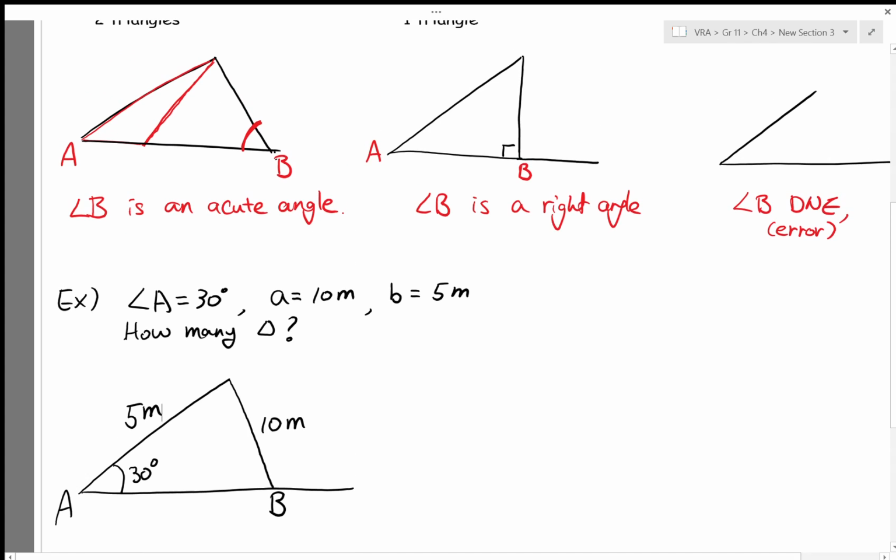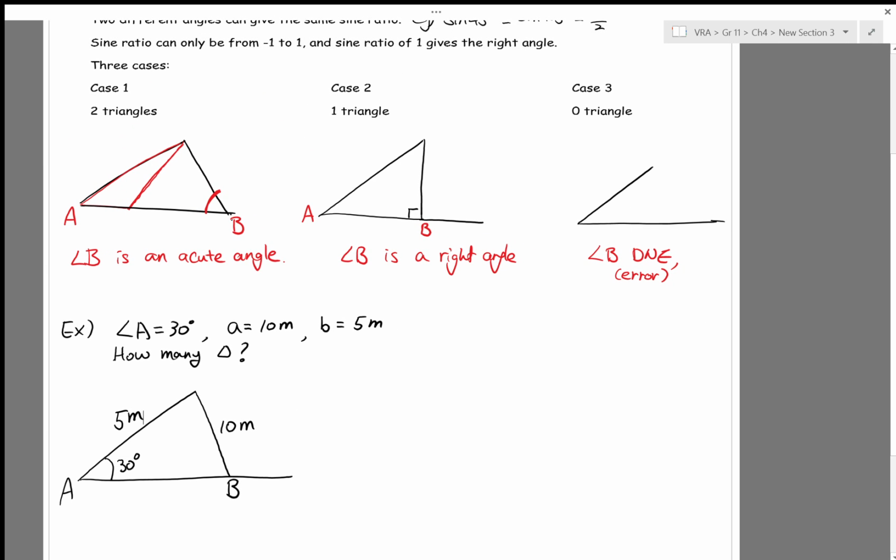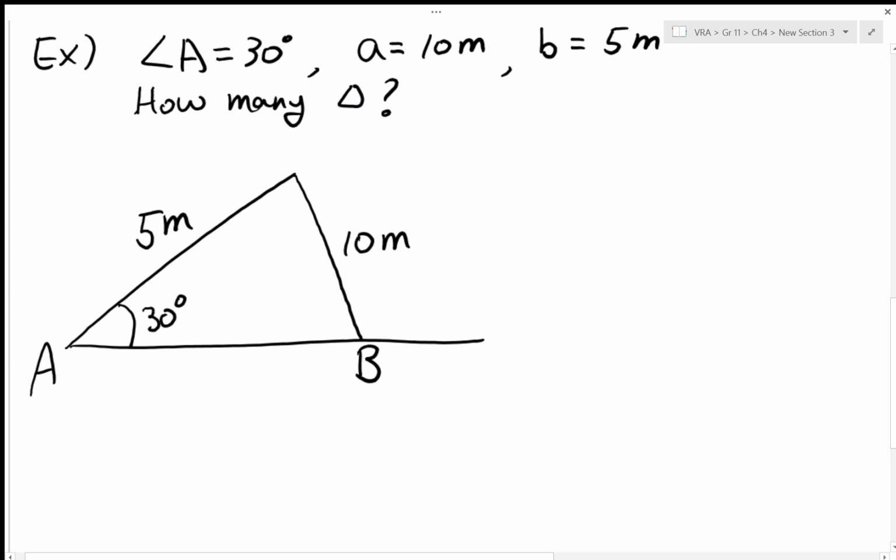As we saw in the three cases, as long as we know what angle B forms, we know how many triangles are formed. So all our job is to find what angle B is. That's basically the key. In this case, we have an angle and its opposite side known to us, so we simply create the sine law.